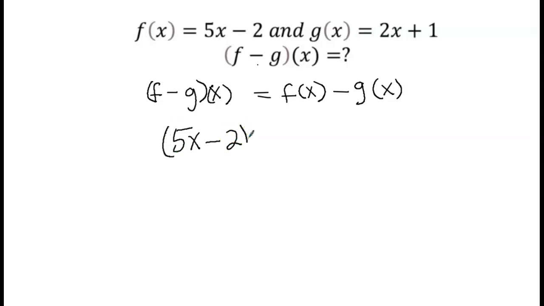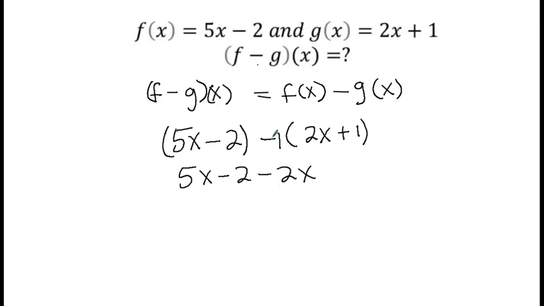We can put the parentheses around it, and then minus, and here we put the parentheses because it's of 2 terms, and the minus is going to affect all of it, so we have to cover it with a parenthesis here. Okay, now we write this, and this is like negative 1 times a positive 2x, which will become negative 2x, and then negative times positive gives us negative 1.